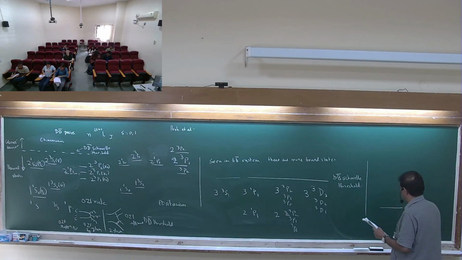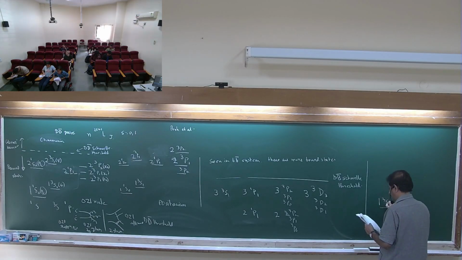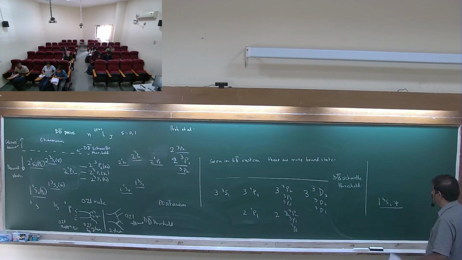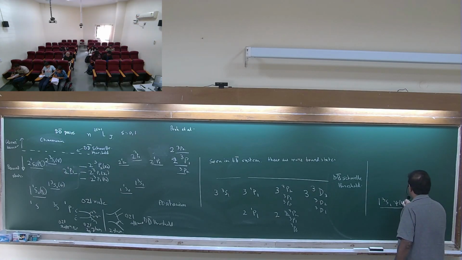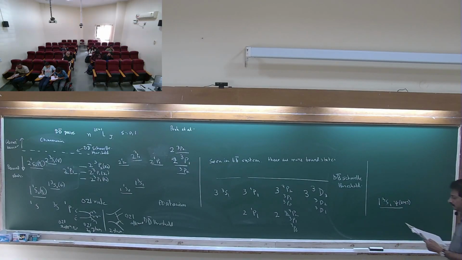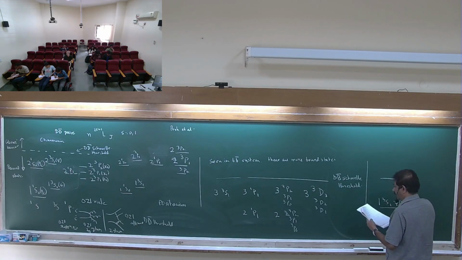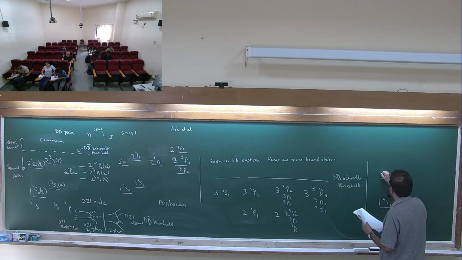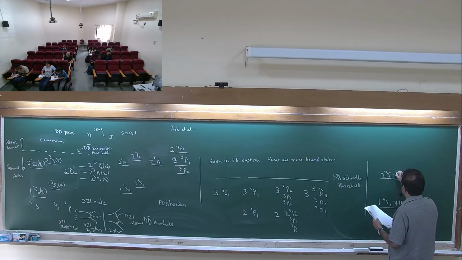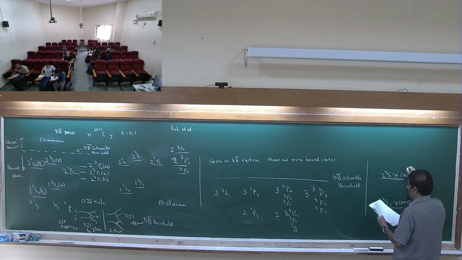So once again, let's write a 1 3S1, and this time I'm going to write the masses also, 3097. So this is the famous J/psi. Then there is a higher one, which is a 2 3S1, psi of 3686.